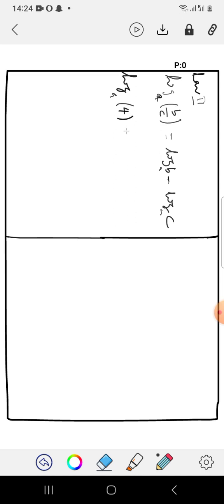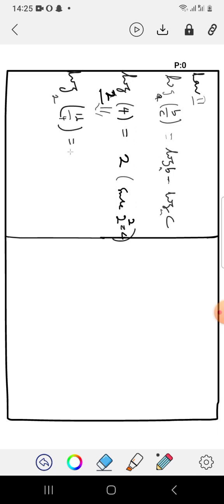This is really interesting. Log 2 4 is equal to 2 clearly, since 2, which is the base here, raised to power 2, which is what we are seeking, is equal to 4. Now, another way to write this is in fact log 2 of 16 over 4, which according to the law is log 2 16 minus log 2 4.